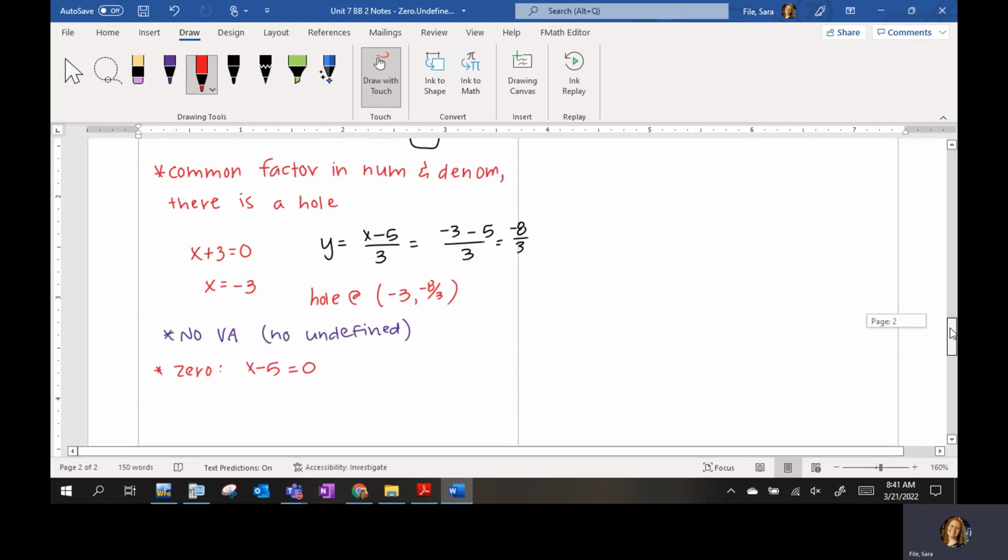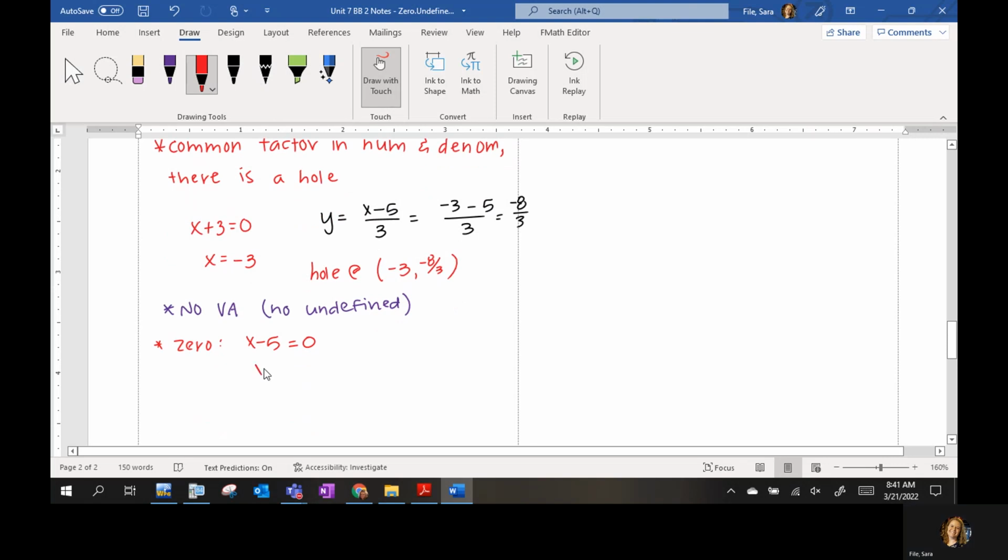What would make x minus 5 equal to 0? 5. So that's your x-intercept. Okay, so there was one x-intercept, no vertical asymptotes, no undefined, and one indeterminate location, which is a hole.